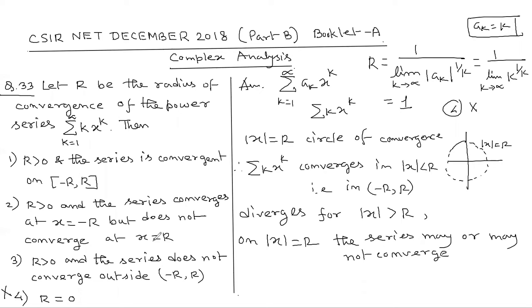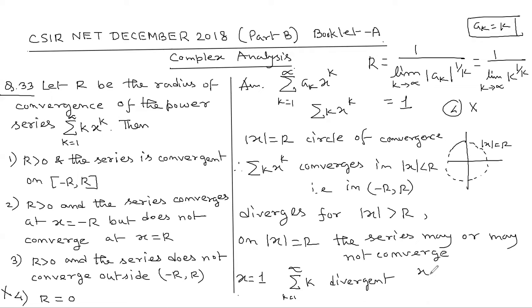So let us check at the point x equal to R and x equal to minus R what happens, because the series converges in minus R to plus R. Now for x equal to R, that is x equal to 1, we get k times x^k, with x equal to 1 we get k, which is a divergent series.